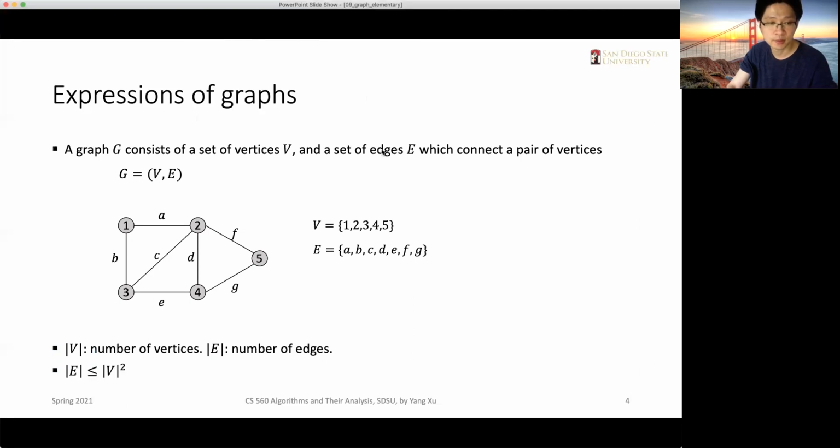And a simple mathematical rule is that the number of edges should be bounded by the number of vertices squared, that is, raised to the power of 2, right?